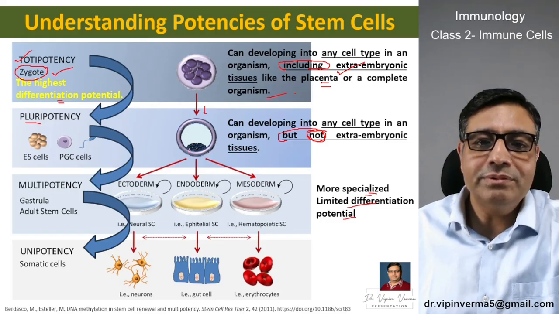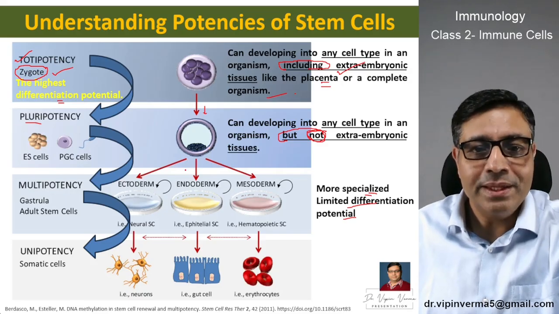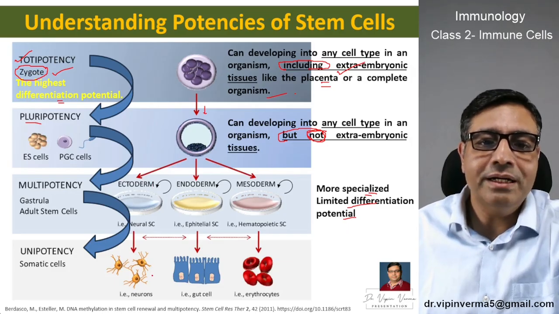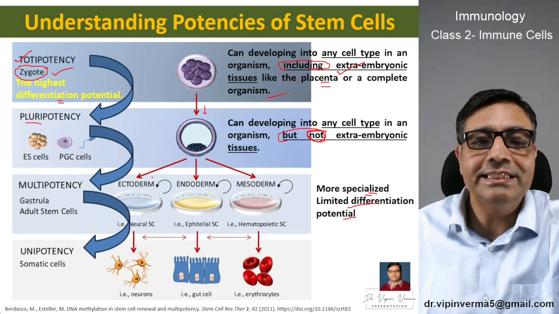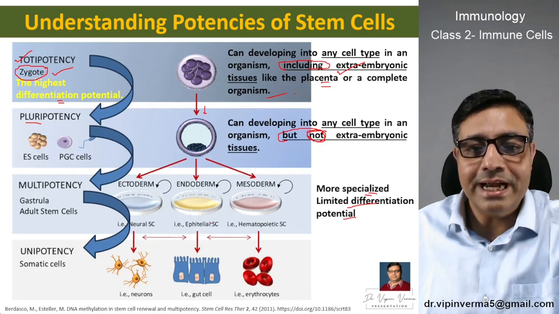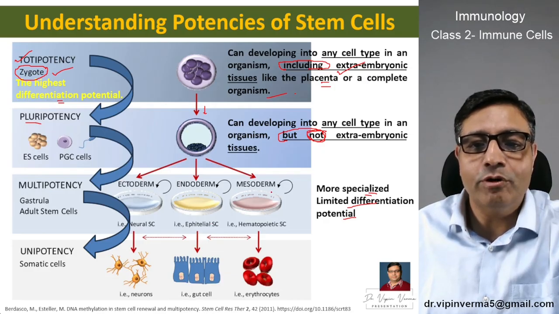These embryonic stem cells can give rise to the three germinal layers: ectoderm, endoderm and mesoderm. So that means they can develop into almost any kind of cell. And then in multipotency, the cells of the ectoderm will give rise to the different terminally differentiated cells of the ectoderm, the endoderm will form the different cells of the endoderm, and the mesoderm can form the different cells of the mesoderm, right?